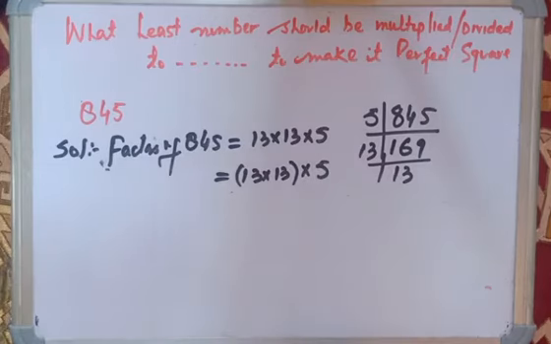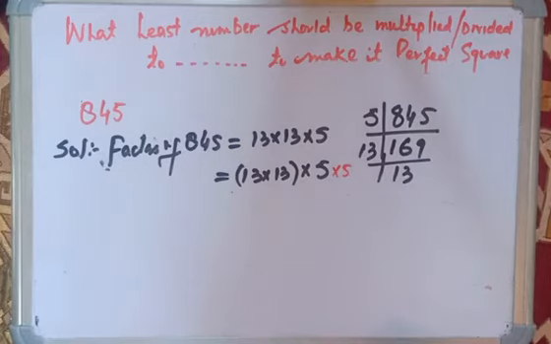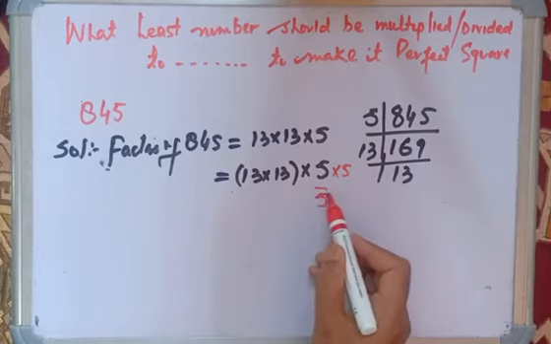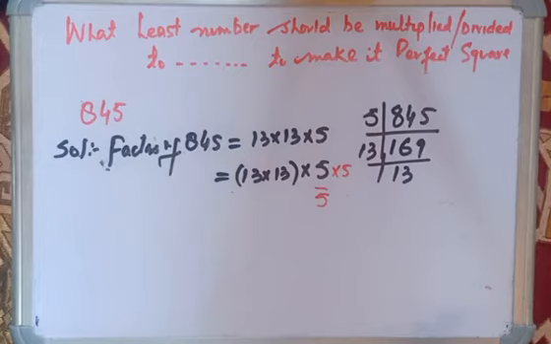Either we have to multiply this by 5 so that the 5 also will become a pair, or we have to divide by 5 in order to eliminate this 5, so that there remain the two 13s, right?